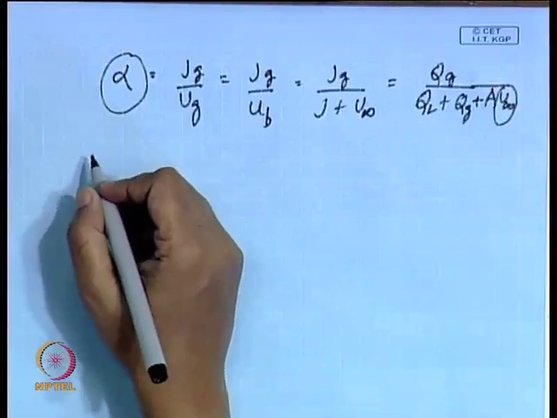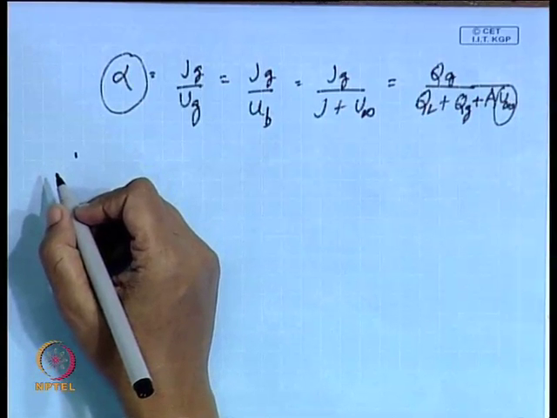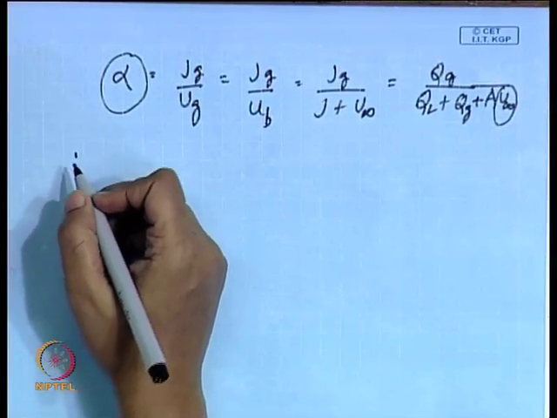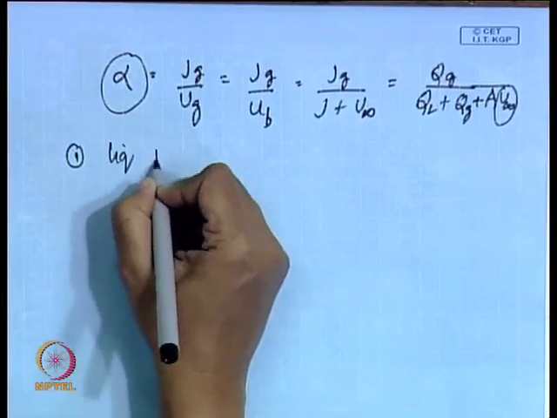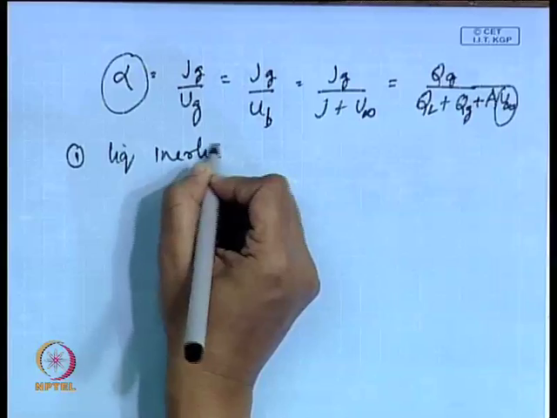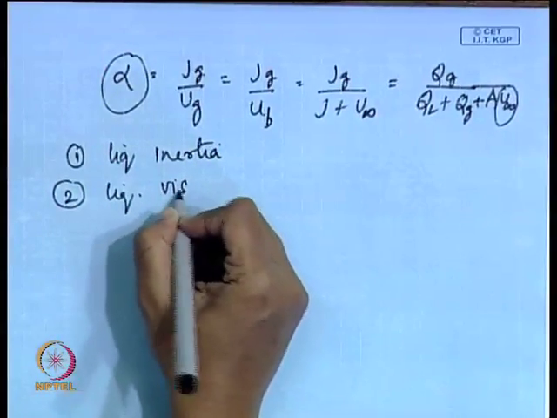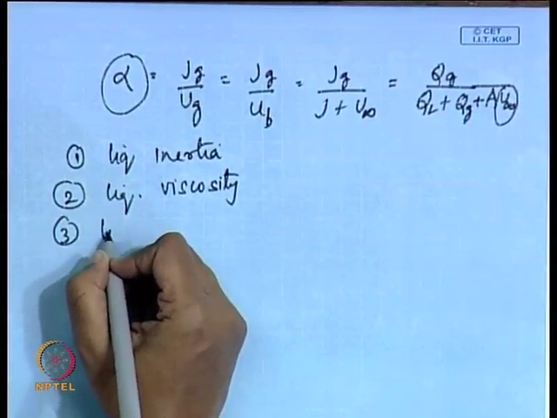What happens is, we know that the bubble rises due to buoyant forces. And the other forces which are important are, one, liquid inertia, the other, liquid viscosity, and the other, surface tension.